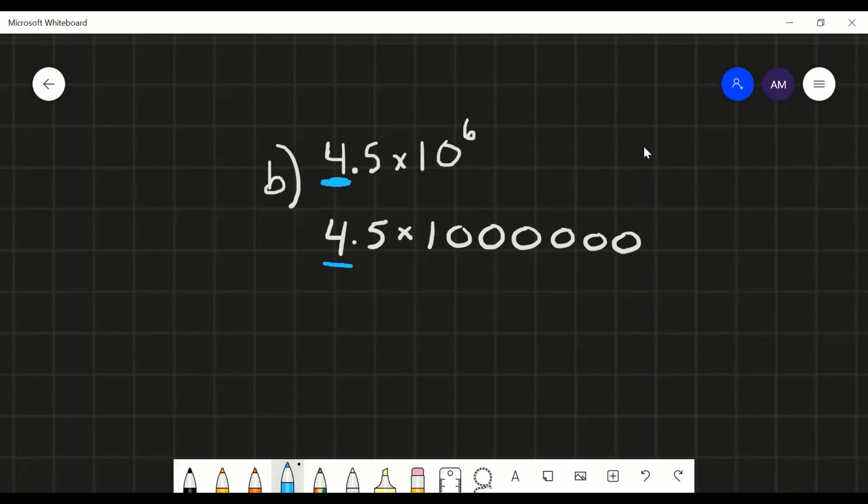Now, the digit that's in the unit here will always take the place of the 1 in our 10 to the power of whatever the number is. So this number becomes a 4, and then the numbers following it will take the place of the zeros, or at least the first couple of zeros. In this case, the 5 would be the first 0, and now we have 5 zeros left to put.